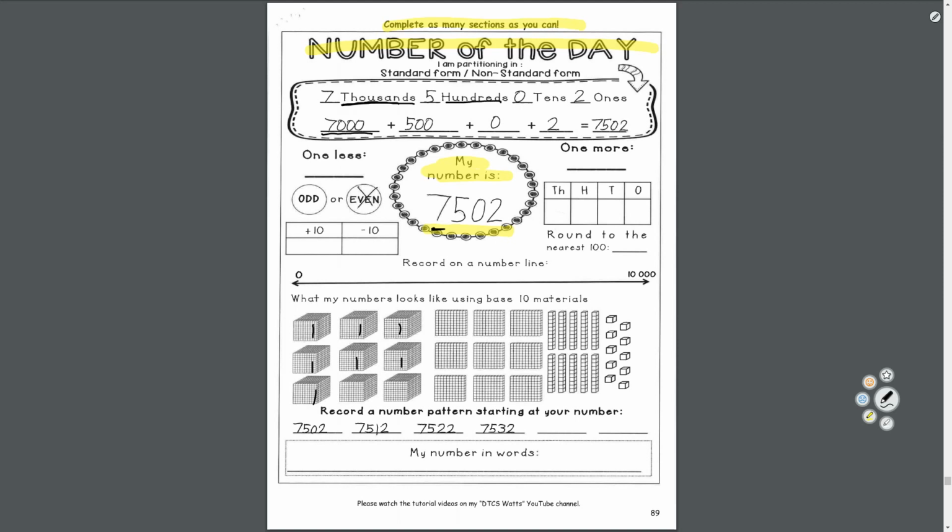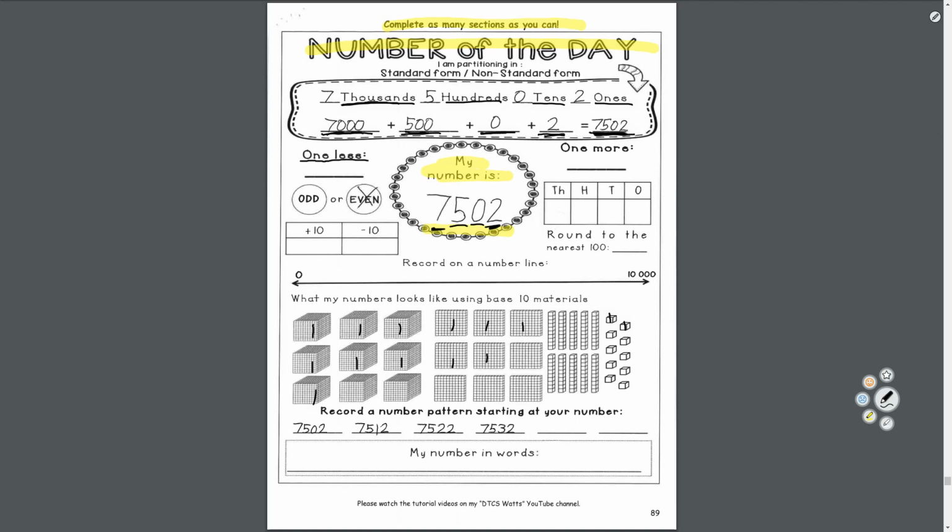And in the hundreds place, we have 5: 100, 200, 300, 400, 500. In the tens place, we have 0, so it's 0. And in the ones place, we have 2: 1, 2. So we have 2. And we know 7,000 plus 500 plus 0 plus 2 will equal 7,502.